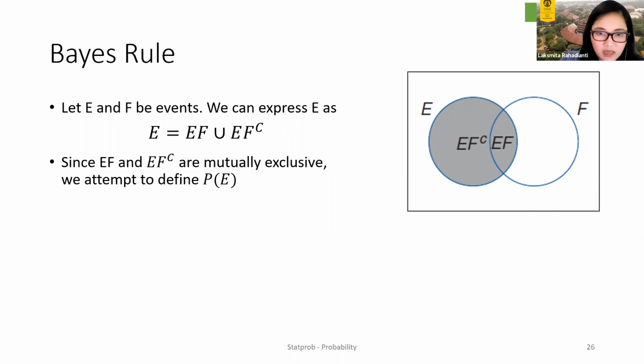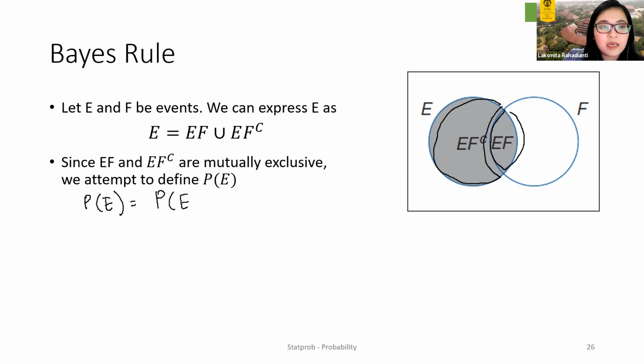So this is E. Based on that mindset, I know that EFC and EF are mutually exclusive. We know that there is no other intersection between these two parts. Just to make sure, I'm talking about this area and that area. So then I can define P(E) as a sum of P(EF) and P(EF complement).